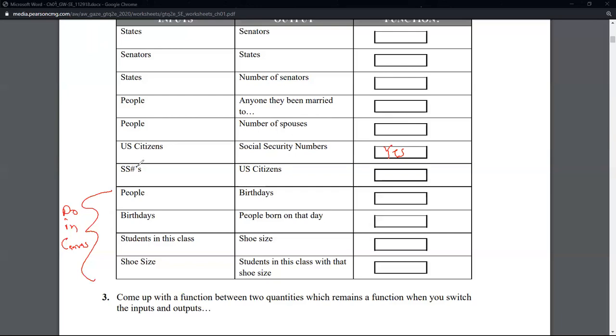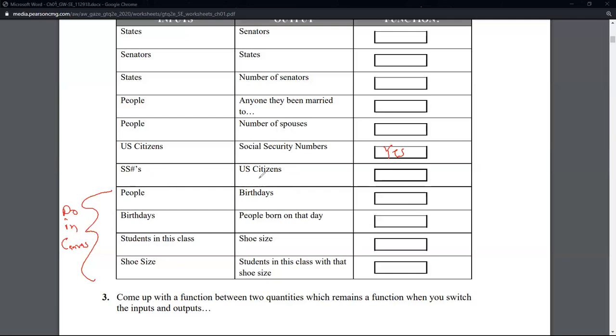Social security numbers to US citizens. So if I said, let's say this was a social security number, which is not 1, 2, 3, 4, 5, 6, 7, 8, 9. So if I said that number, and then, oh, okay, well, that's Bob Dole's social security number. So I can say Bob Dole here. Or if I said the social security number 987-65-4321.